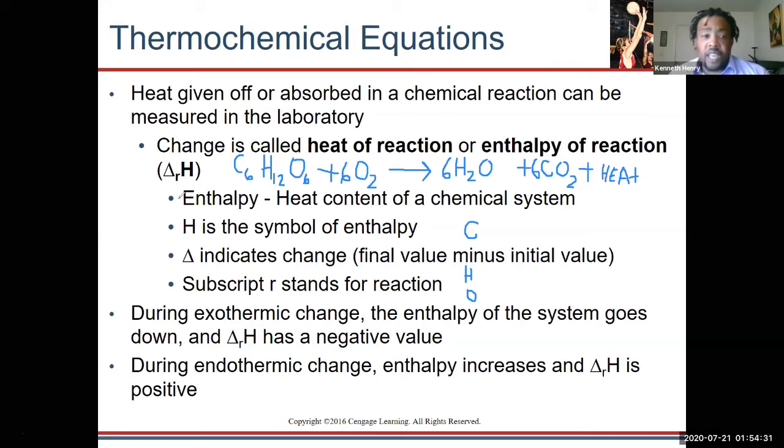Or if it's an endothermic reaction, it's a positive number on the reactant side, because you're putting it into the reaction. The overall delta H is positive if we're putting energy into the reaction, and negative if energy is being released. You guys understand that?